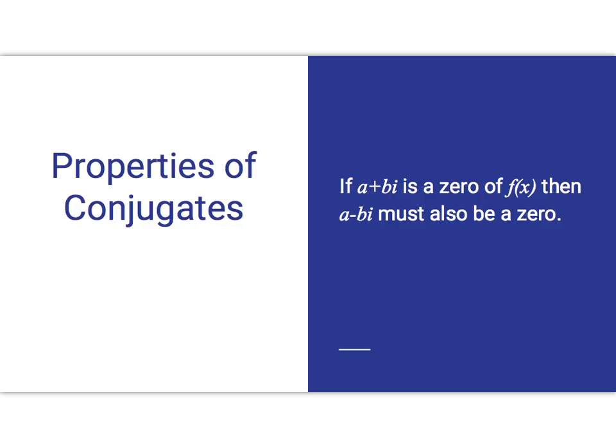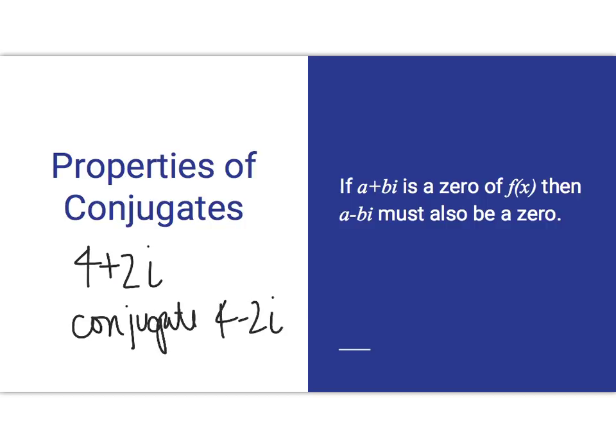So there's a fancy property of conjugates. Conjugates, I hope you remember, would be something like if I have 4 + 2i, the conjugate of that would be 4 - 2i, okay?